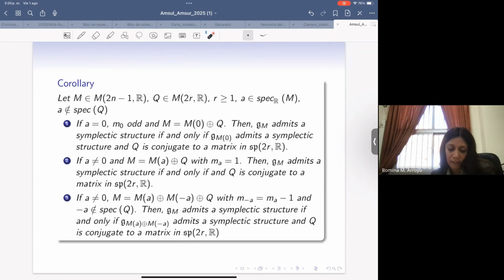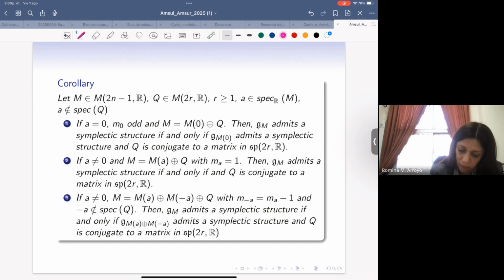And so this is basically the general case, when we have one part of the matrix with eigenvalue A and one Q where A is not an eigenvalue. So in this case, I am going to write it again.